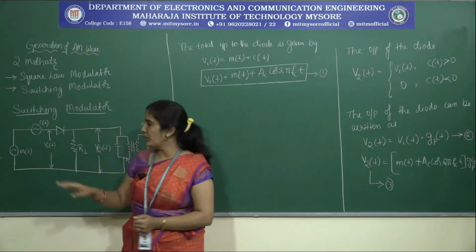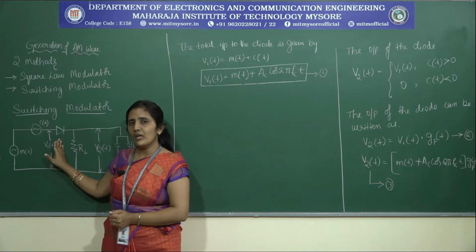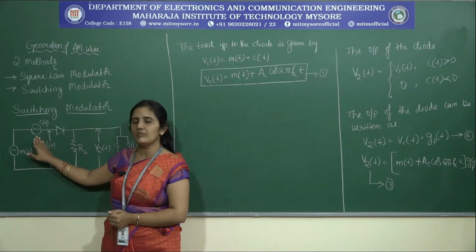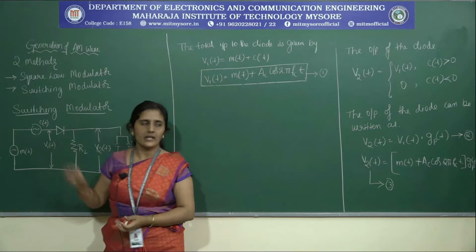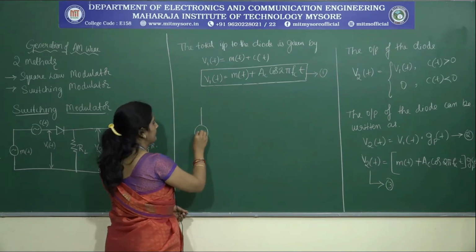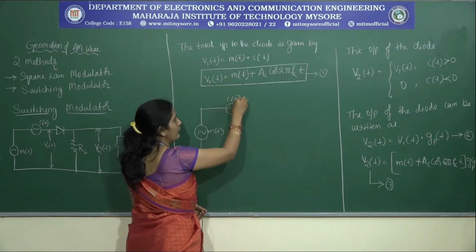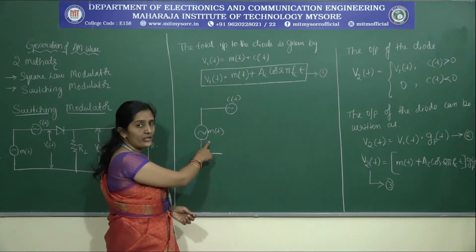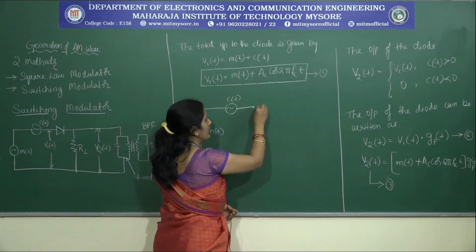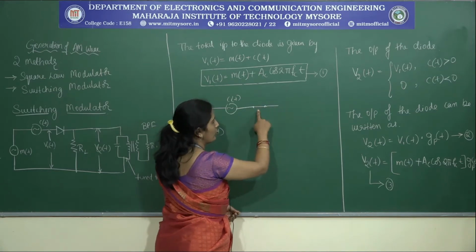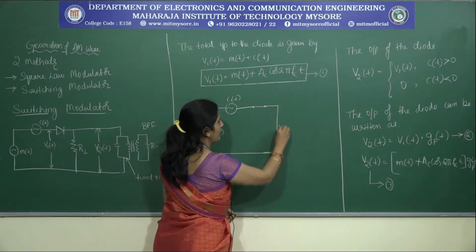When the carrier signal c(t) is more than 0, the diode is forward biased. We write the circuit like this: m(t) and c(t). Whenever c(t) is greater than m(t), the diode is forward biased, we get a closed loop, and across this we get v1(t).